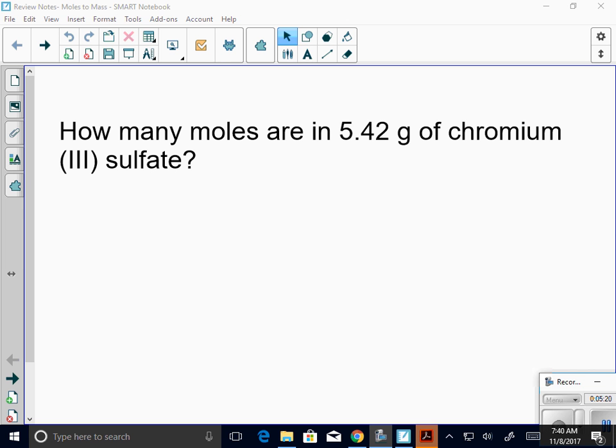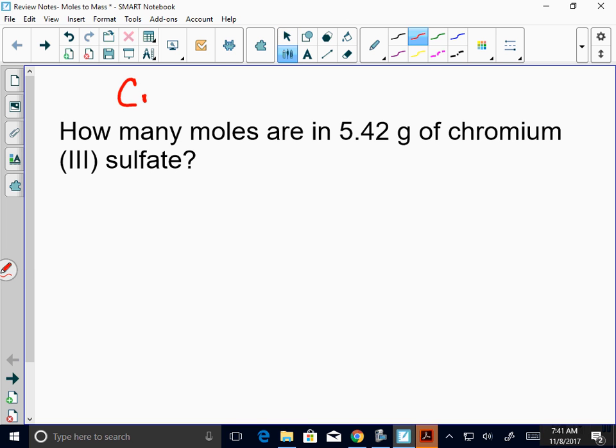Okay, now when I have done this, ladies and gentlemen, chromium, sulfate. Sulfate is a 2-, chromium is a 3+. So that is my formula for chromium(III) sulfate.